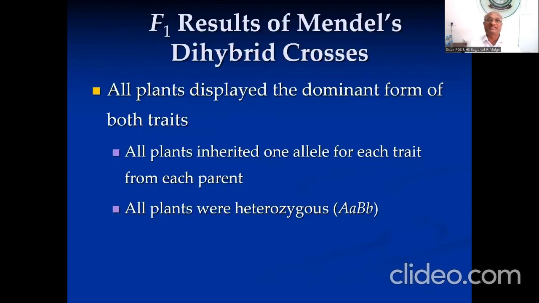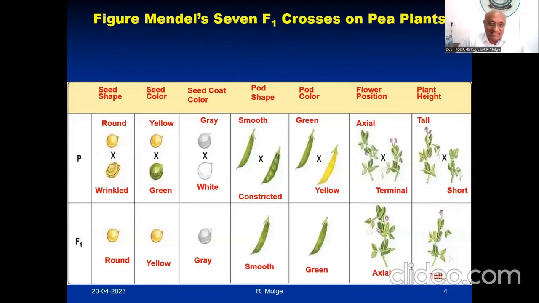So, F1 results of Mendel's dihybrid crosses. All plants displayed the dominant form of both traits. All plants inherited one allele for each trait from each parent. All plants were heterozygous. And if it starts segregating, you can conclude that.